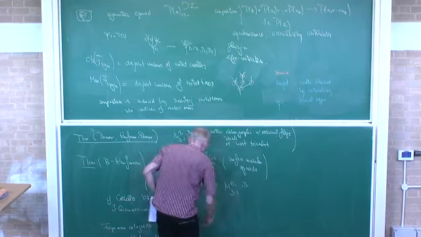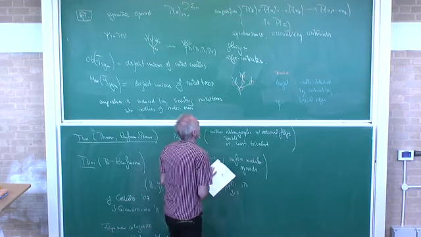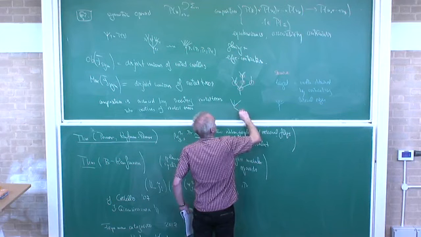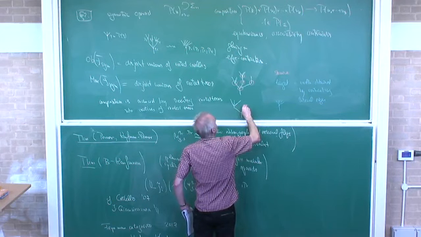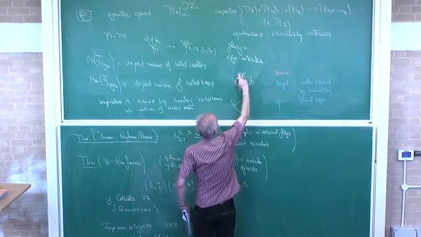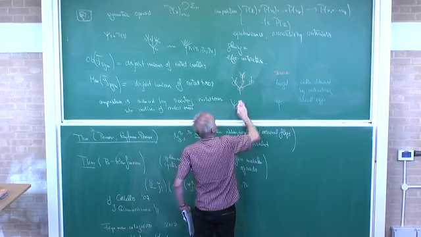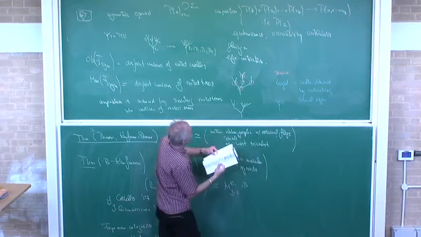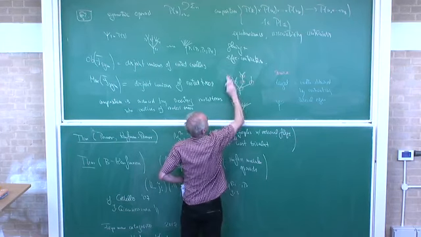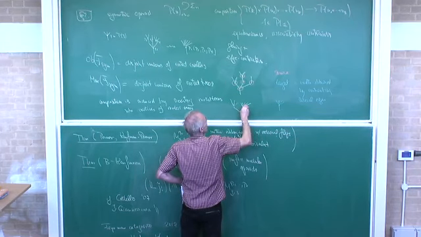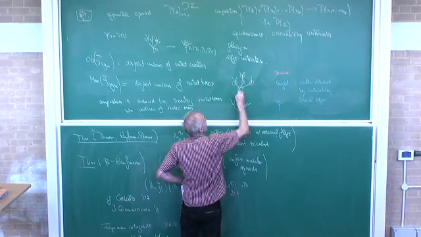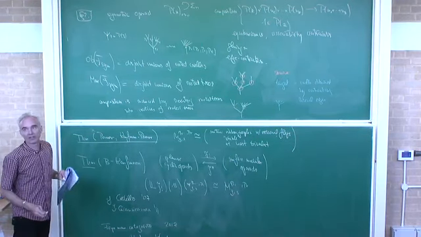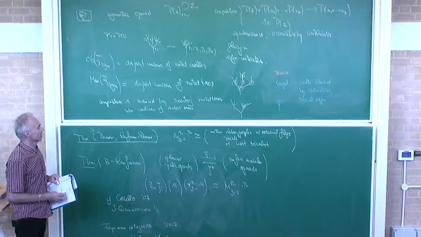So say you have some other tree, and here you have a vertex with 5 inputs. You can insert this tree into this vertex, and that's what gives the composition of the category.